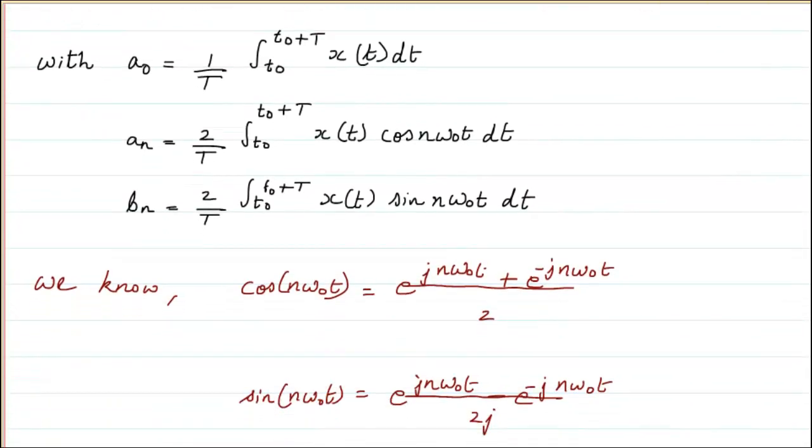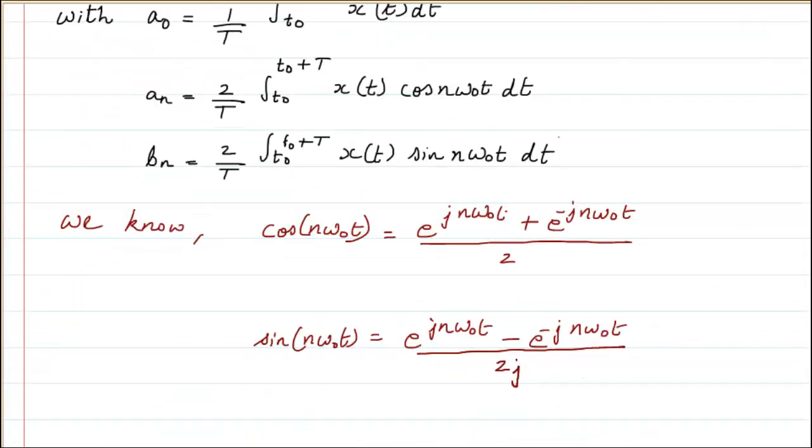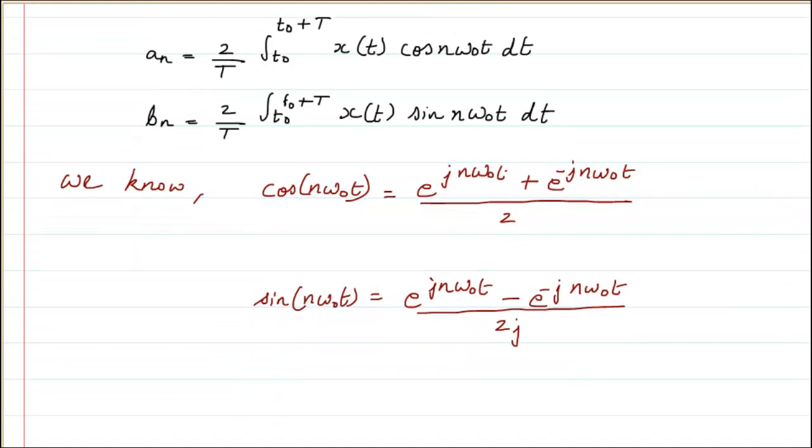According to Euler's formula, cos theta is equal to e raised to power j theta plus e raised to power minus j theta divided by 2, and similarly sin theta is equal to e raised to power j theta minus e raised to power minus j theta divided by 2j.